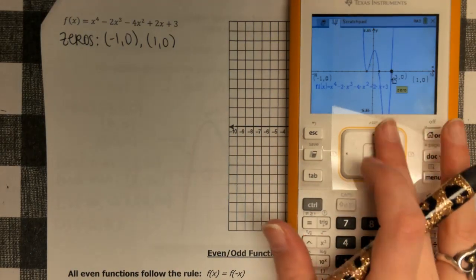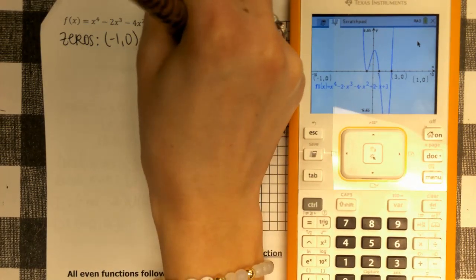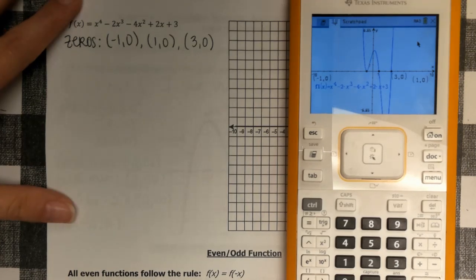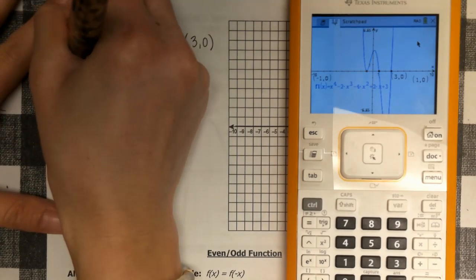And then my third one is at 3, 0. You could have easily looked at that and not needed to do menu 6, enter, but I do it every time just to make sure I'm not off a decimal point. Okay? So then I've got local max and mins.